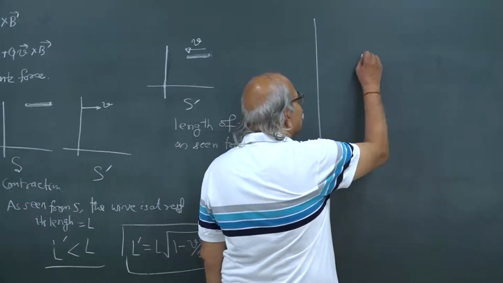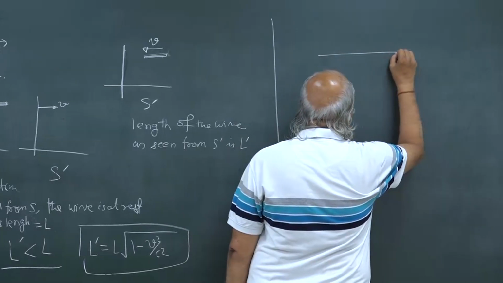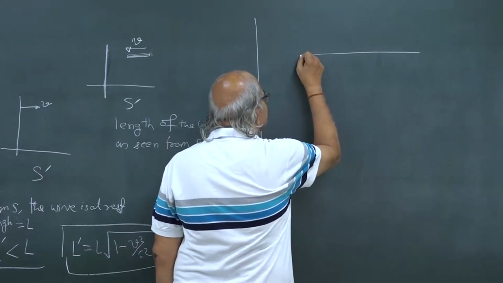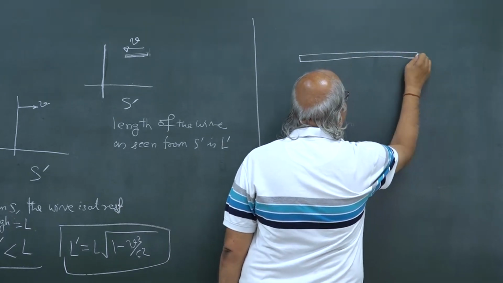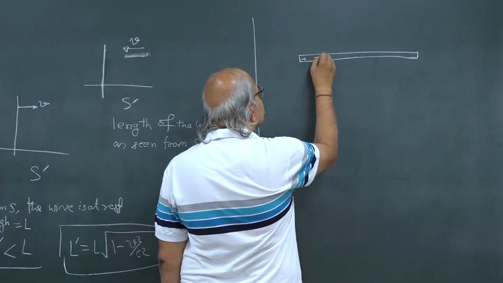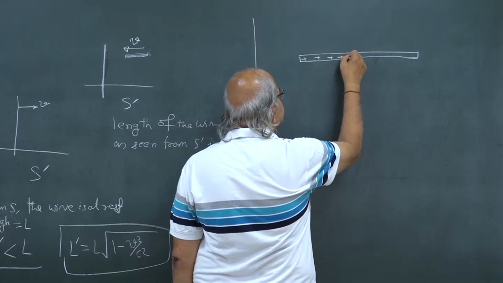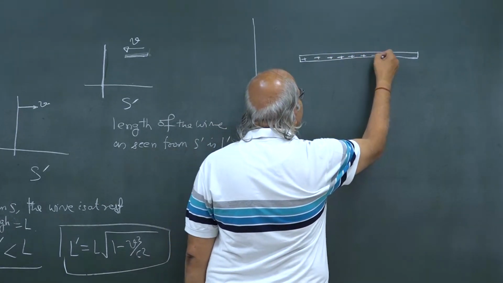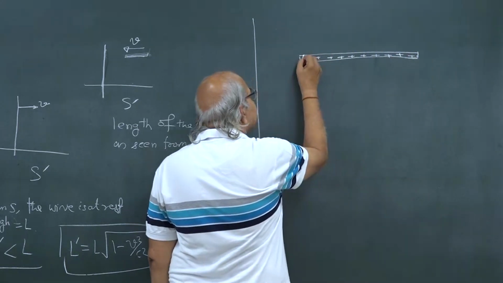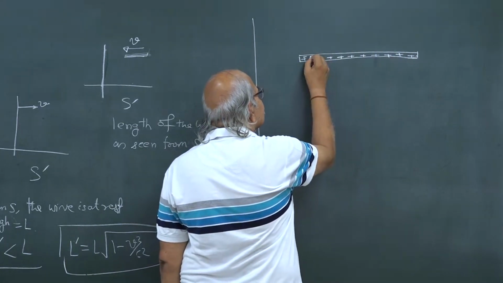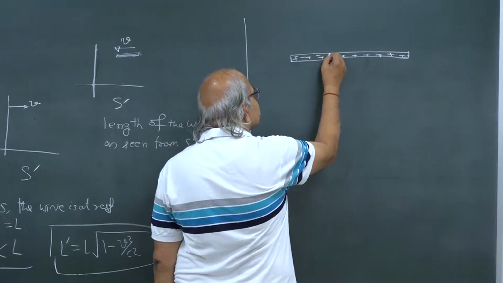Okay, so let us suppose we have a wire in which a current is going, and how is that current going? It is a long wire, you have positive ions, and then you have free electrons.